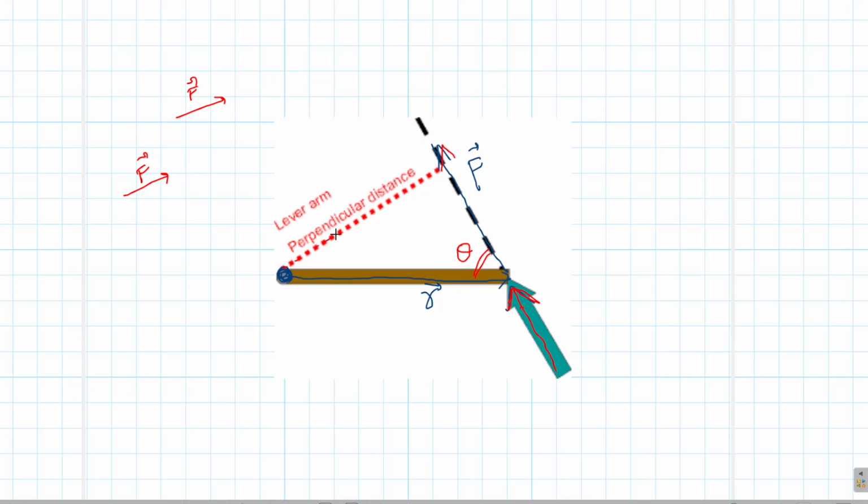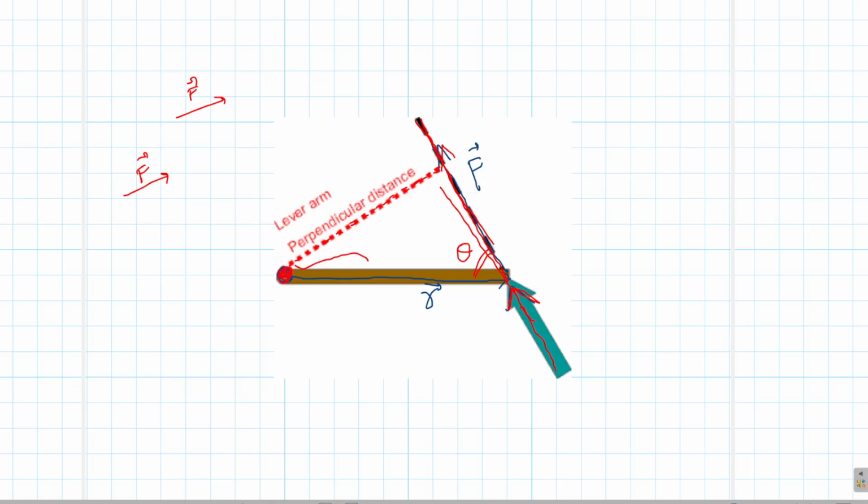And this is the perpendicular distance from the axis of rotation up to the line through which the force is acting. So from the axis of rotation, measure the perpendicular distance towards the line through which the force is acting.